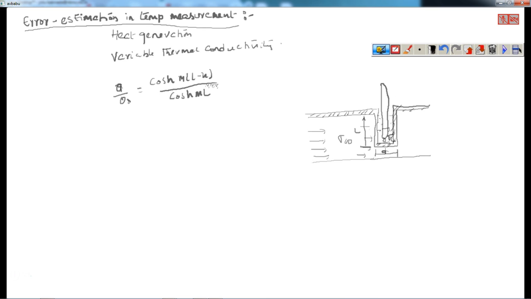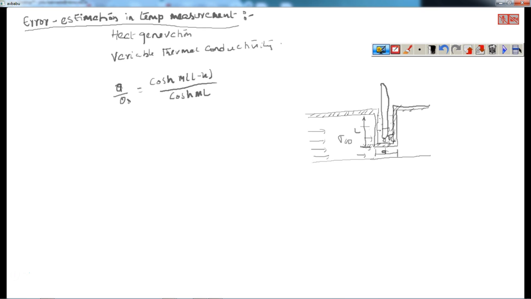It is considered as a kind of pin fin. This thermometer I have considered as a pin fin protruding from the pipe wall, and assuming there is no heat transfer from the pin tip, the temperature distribution theta is equal to theta 0 cosh m into L minus x divided by cosh mL.